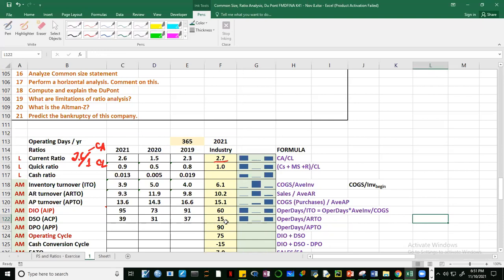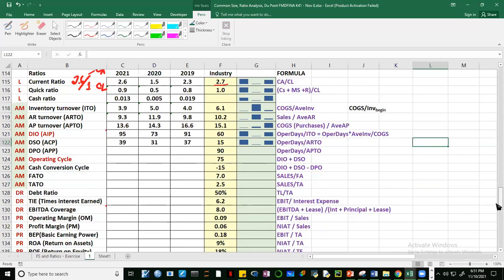Tayo maghihintay pa tayo ng 39 days bago natin makokolekta. Okay? So that has great implication as far as the operations of the company is concerned, no? Yung asset management na yan. Okay? All right.